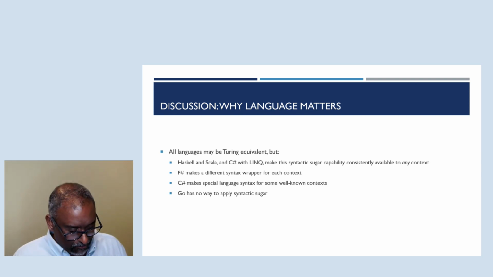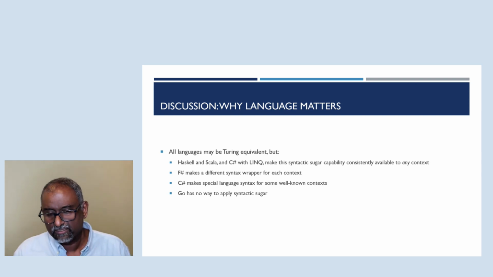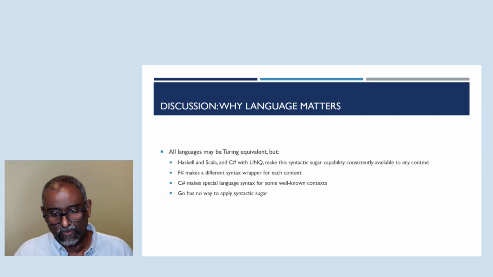C# also makes it more difficult because for different, certain well-known contexts, they have completely different syntax for this desugaring. So, for example, you have the Elvis operator, and the double question marks, which pass on to the next function if the value is not null.